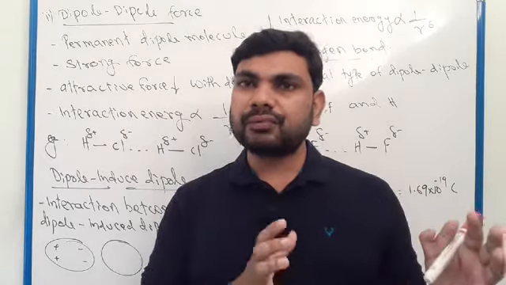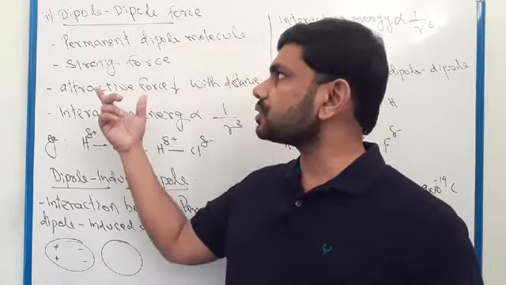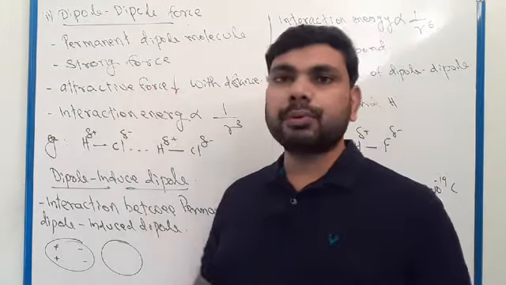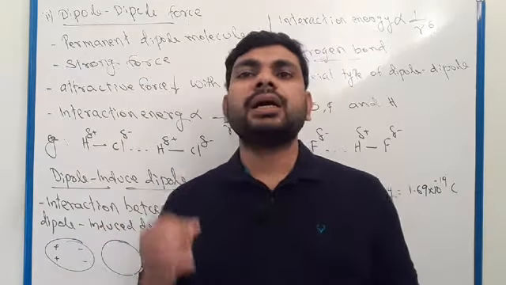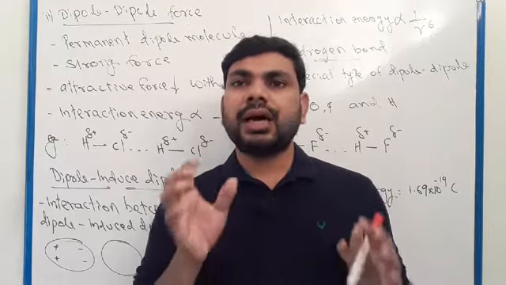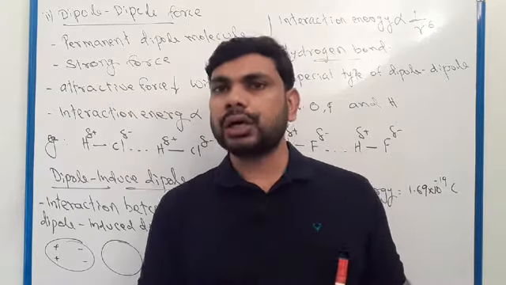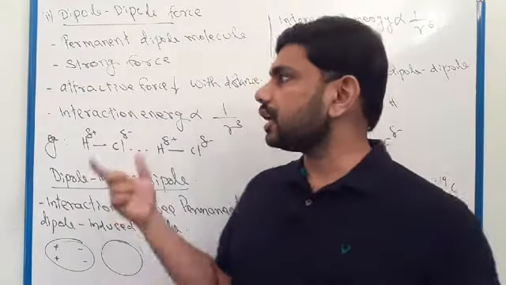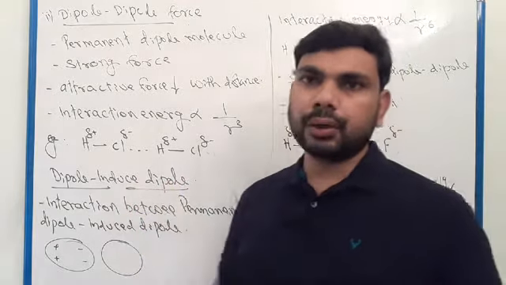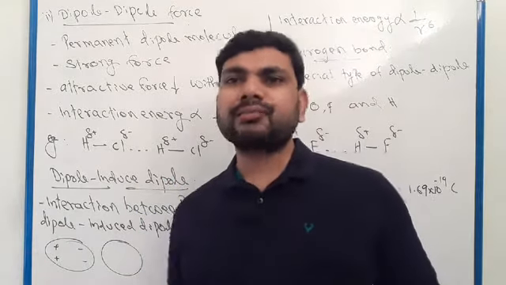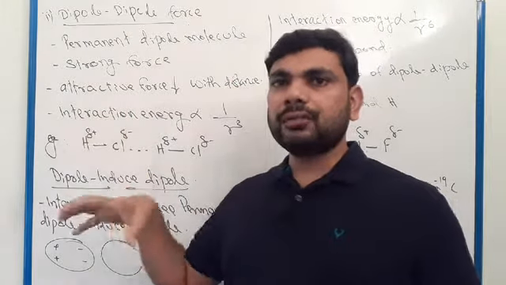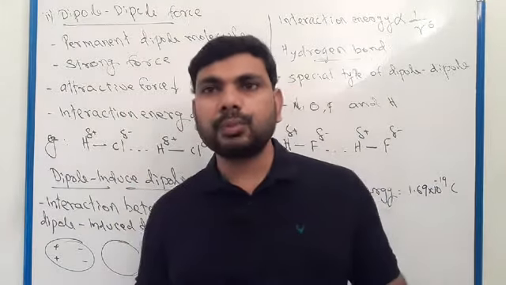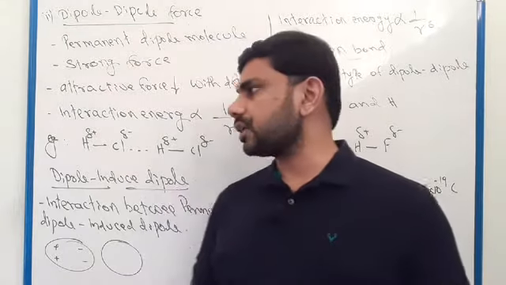Out of van der Waals forces of attraction, the strongest force is dipole-dipole interaction. After hydrogen bond, dipole-dipole is the strongest; hydrogen bond is stronger. Compared to London force or dispersion force, it is stronger. We know London force is between temporary molecules and is a very weak force of attraction.